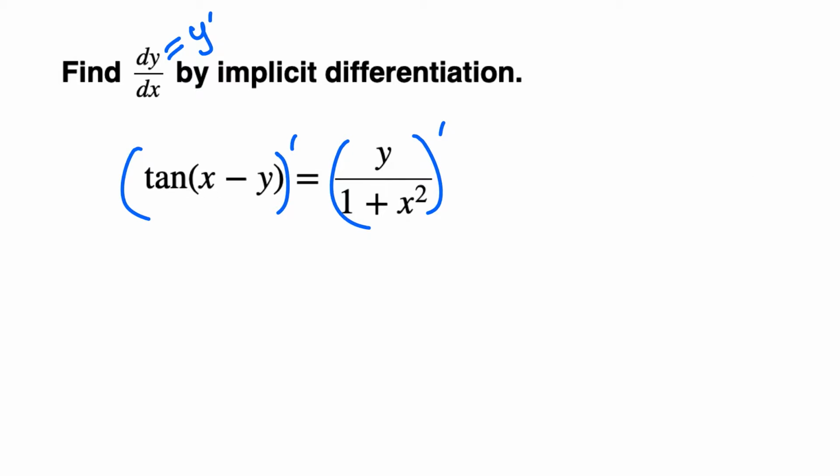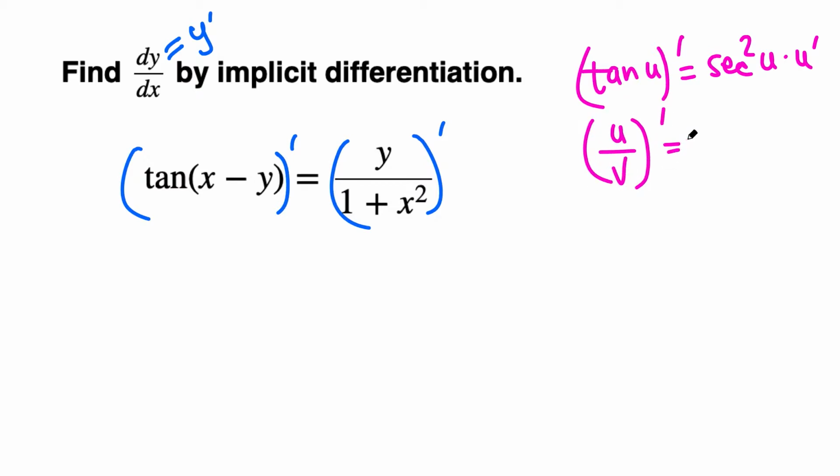And this looks like tangent of some function of x, and we know that the derivative of tangent of u is secant squared u times u prime from the chain rule. And when we have a fraction, we must use the quotient rule, which is this.